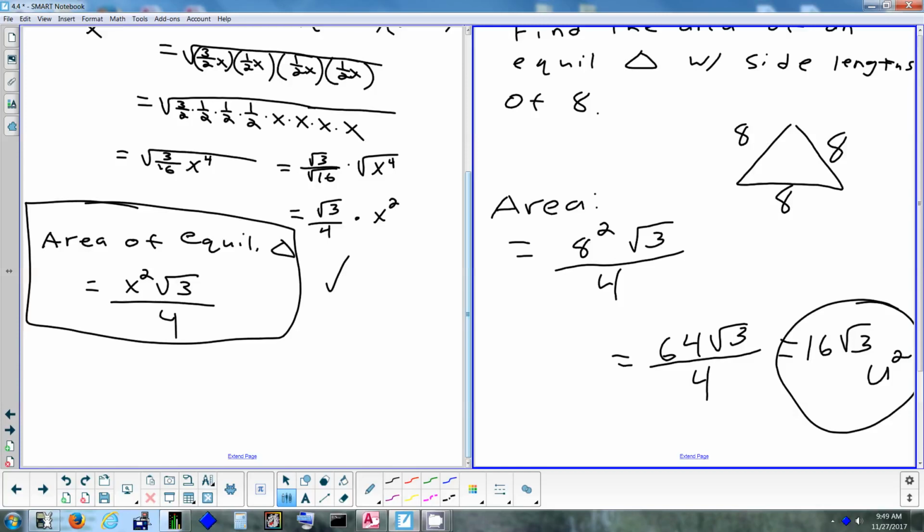You could come up with as many special formulas as you want. But we're only going to do equilateral because that's a common one. Isosceles would be another common one. But those aren't as universally useful. Okay? So Heron's formula, very useful. The first formula I showed you, very useful. This one, although very quick, not as useful.